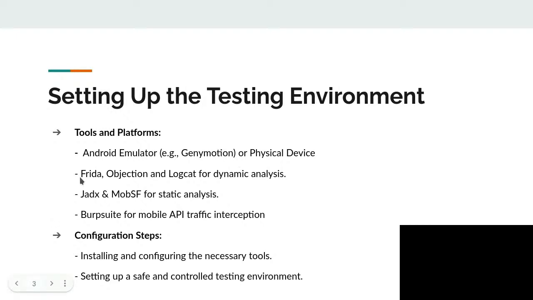Then we will also look at how we can set up a Frida server, how we can run objection, and how we can use logcat for dynamic analysis. Frida and objection are used for instrumentation, while logcat is used to capture application logs, right?